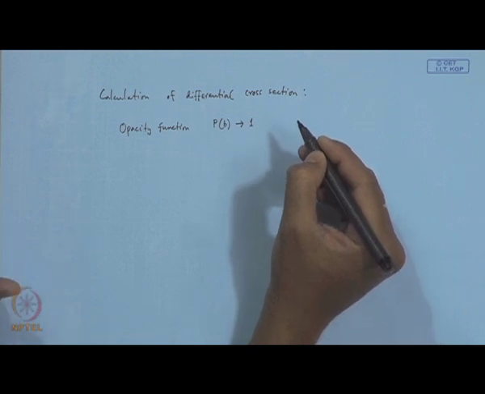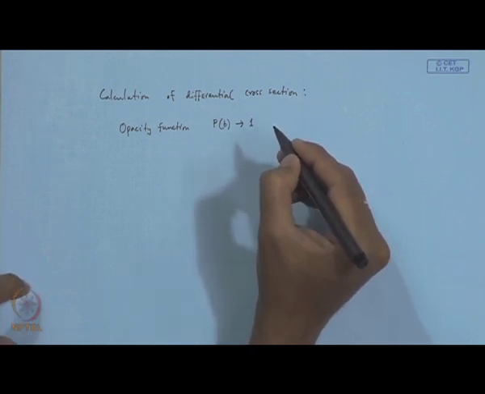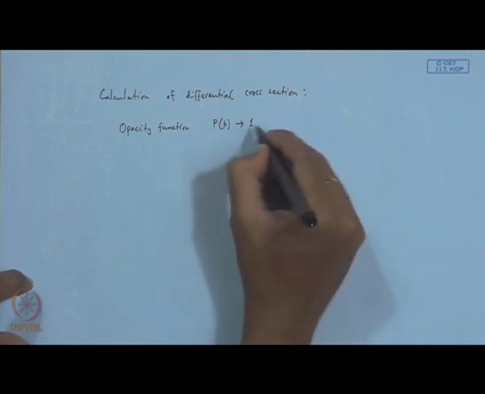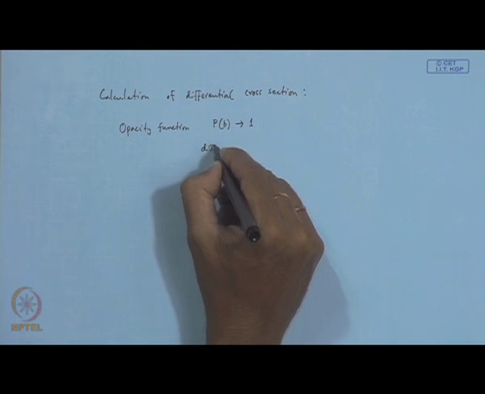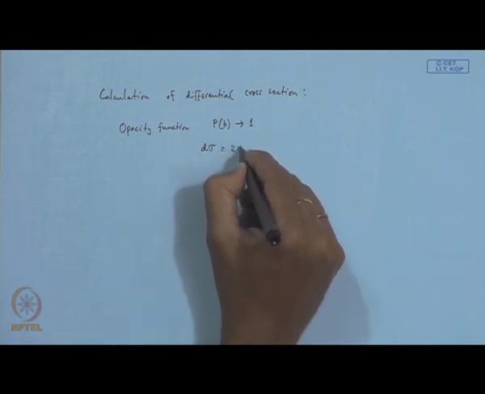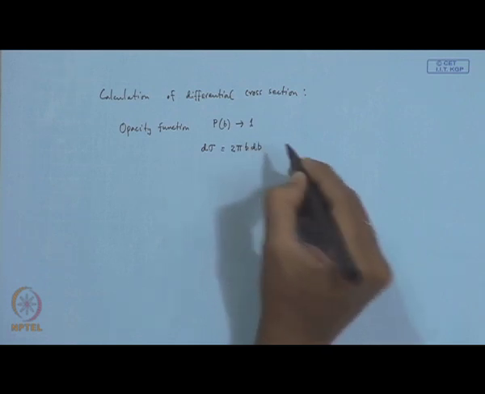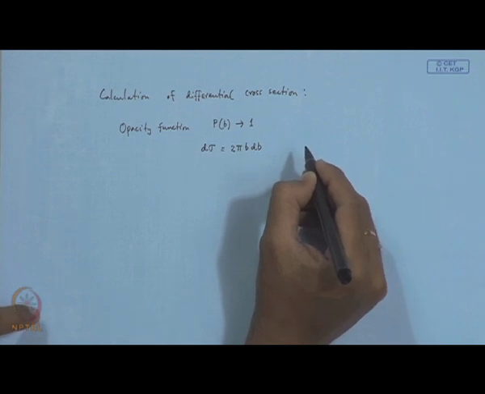If this is 1, d sigma is equal to 2 pi b dB. You can check it, it can be written in this way.